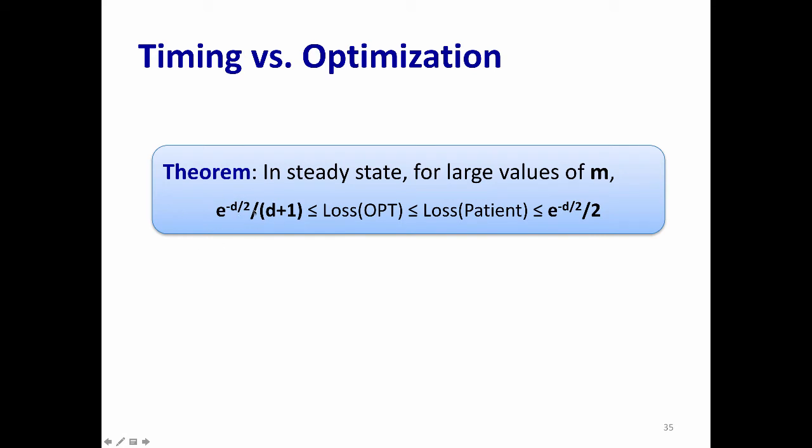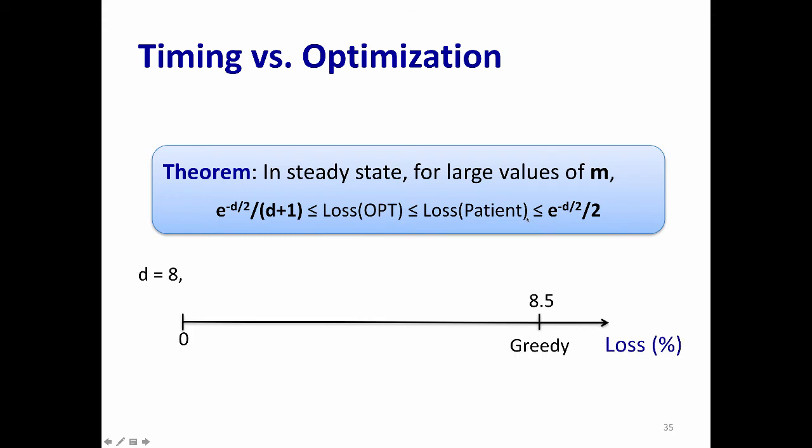Here is the bound: the fraction of agents who perish under the best possible algorithm is at least e^(-d) over (d plus 1). And recall that the loss of the patient algorithm was upper bounded by e^(-d/2) divided by 2. This is basically telling me that gains from timing are much more important than gains from network optimization in this model.